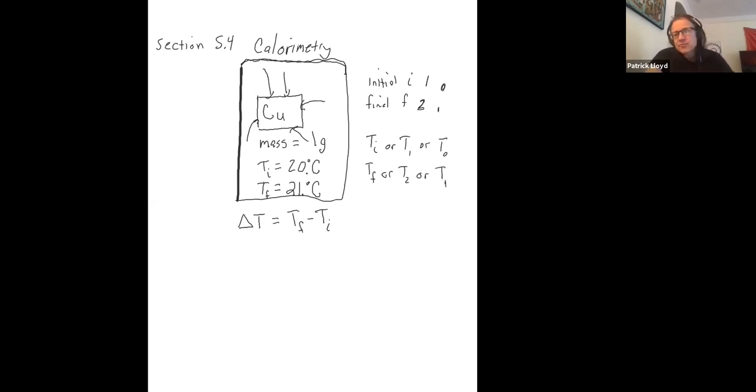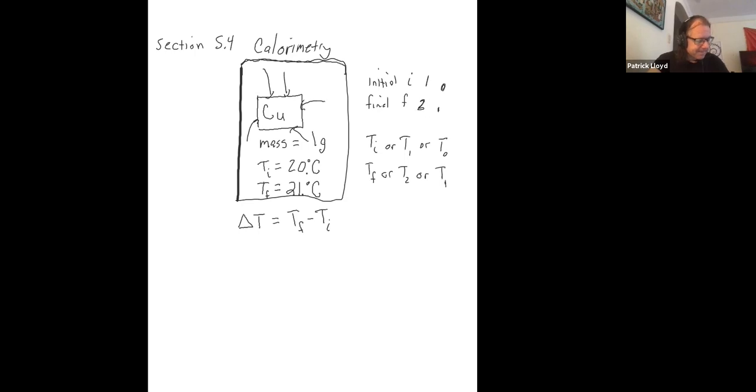And there are other conventions and notations that are used. Whichever one you want to use is fine. I'm going to use final and initial for now. When we get to gas laws, I might change to 2 and 1. So that's our change in temperature.